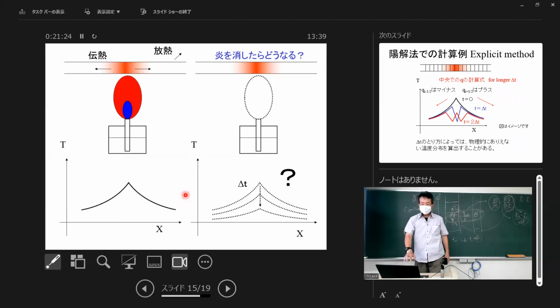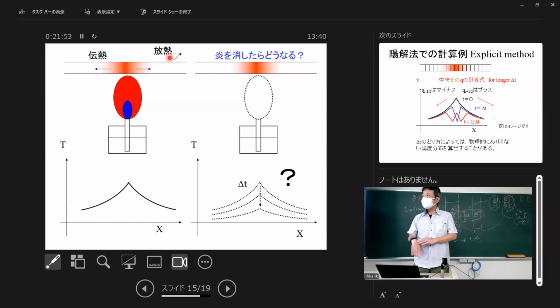So this is some figure of the thermal movement, and you can see the fire here, and this is a hot place, and the heat will be moving laterally, and we do not think about some release of the heat now.